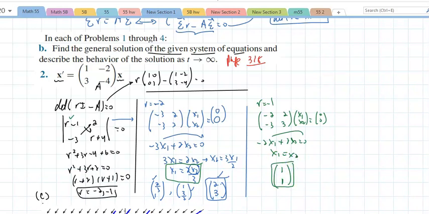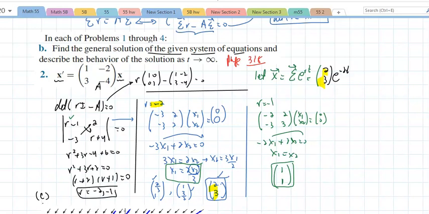So in this case, I would say let x equal, so I found those vectors associated with each. With the first one, it's going to be 2, 3, e to the negative 2t.